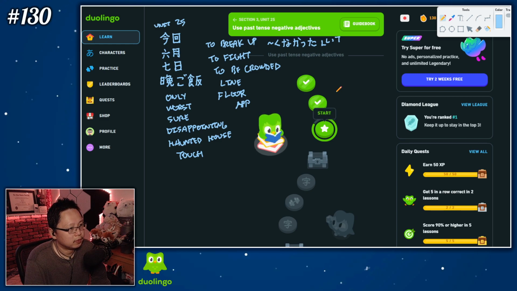Past tense negative adjectives. Janakata. Janakata was used once or twice for, guessing that may be one way to do past tense negative adjectives. Don't know if there are any more.